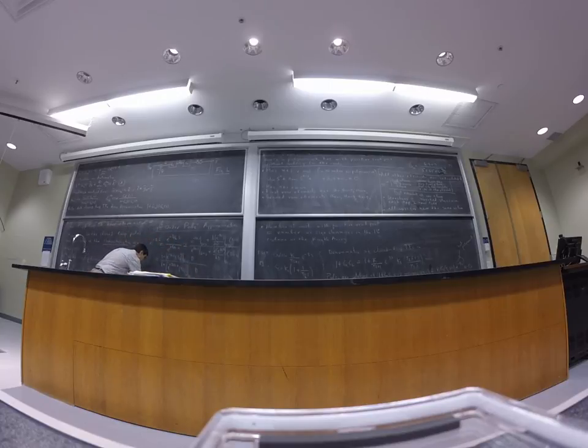That will give me 1 minus ds over 2, divided by 1 plus ds over 2. Okay?